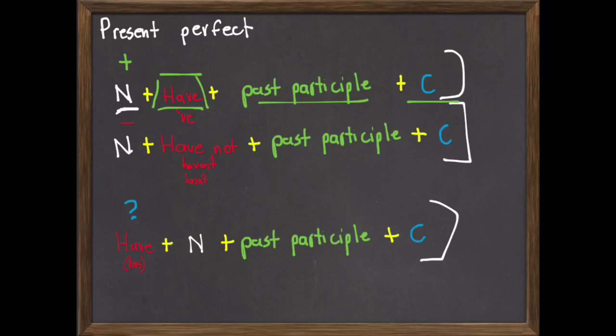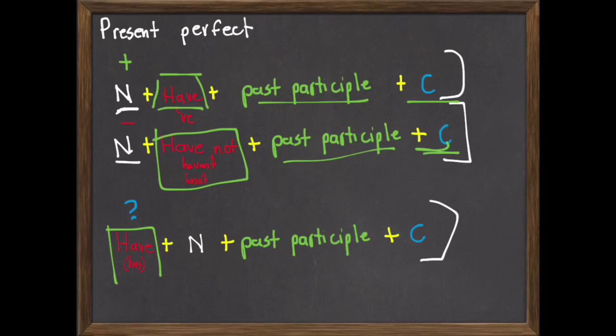For the negative form, it's also the noun, then have not. We can use a shortened version, haven't or hasn't, and the past participle, then the complement of the sentence. In the question form, we change it around a bit. We start with the auxiliary verb to have.